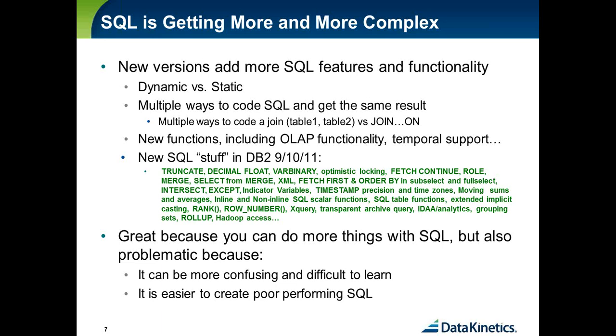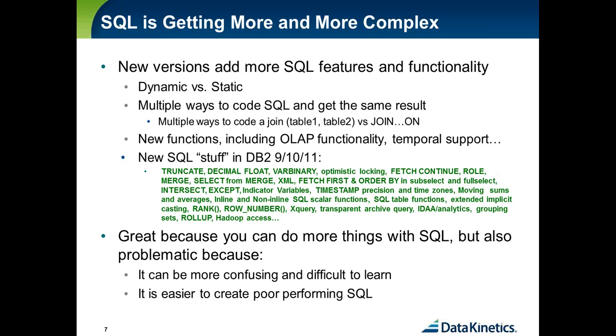Code a table join with a comma-separated list of tables, or with the on clause. Both of them are going to return the same results. Sometimes there are multiple ways to code SQL statement with different types of verbs. You can use a subselect, you can use a join. Different performance can result from different formulations.